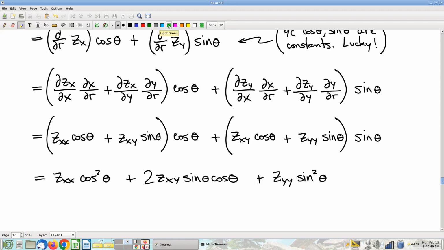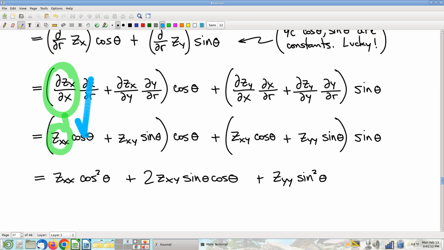So let's see here. What would I say about partial of z_x with respect to x? I mean, there are no intermediate variables. z_x is a function of x, and I'm taking a second partial with respect to x. It's just z_xx. I can't simplify that because I don't know what the function is, but this is literally a second derivative with respect to x.